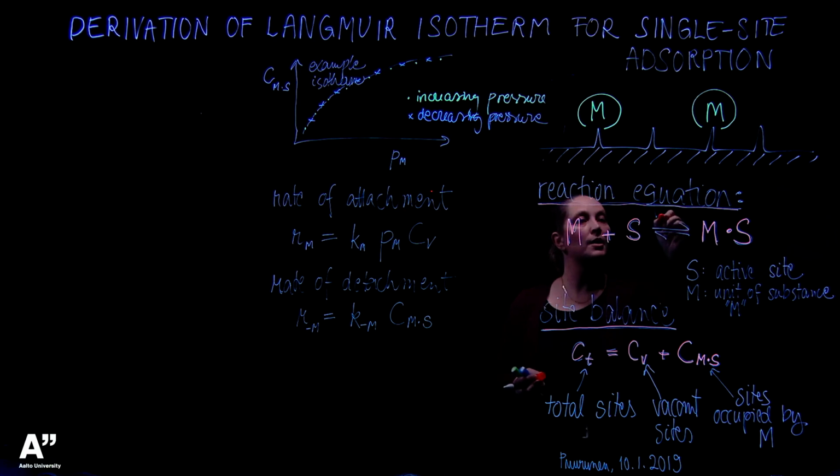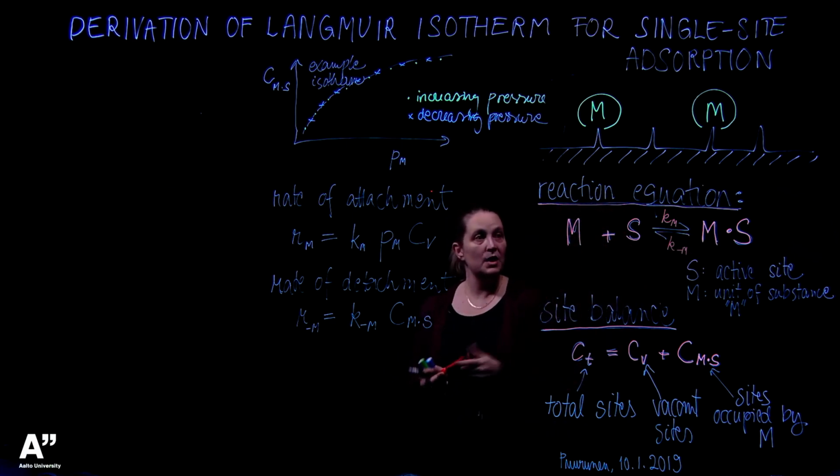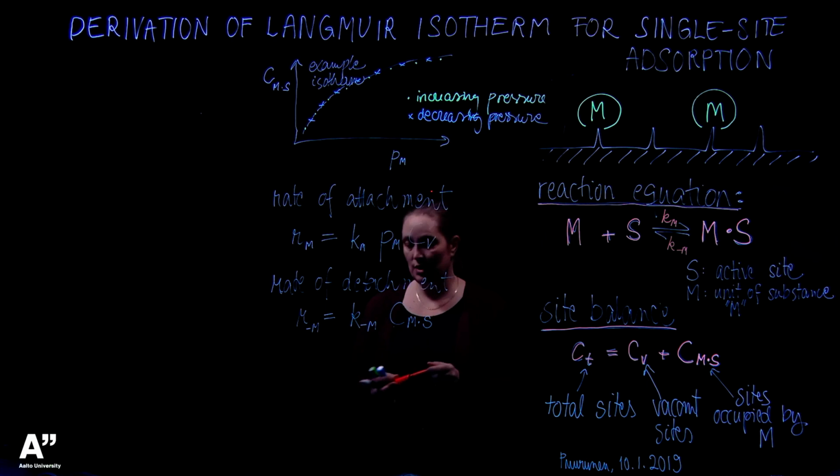I will mark it here. We have the K, M, the reaction rate constant for the forward reaction, and the K minus M for the backward reaction. So the ratio of these two is known as the equilibrium constant, and that is denoted typically with a large K.